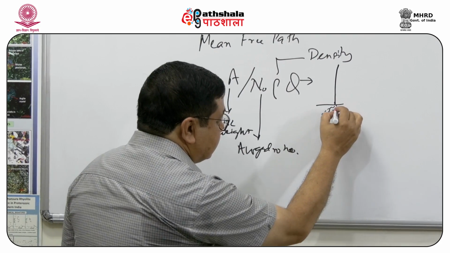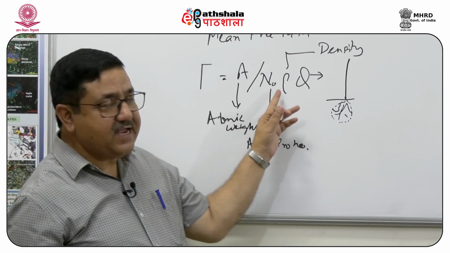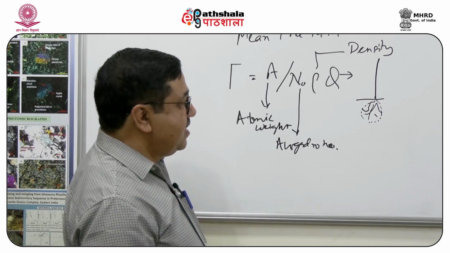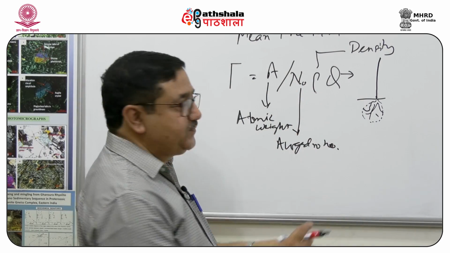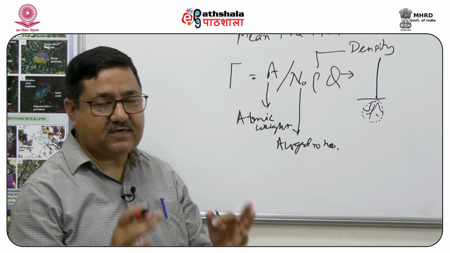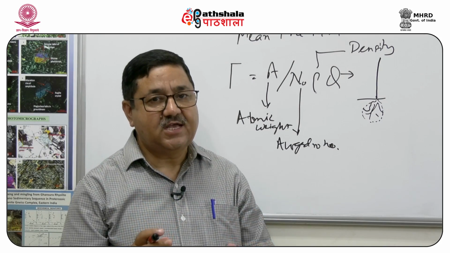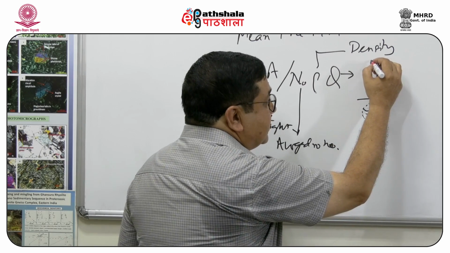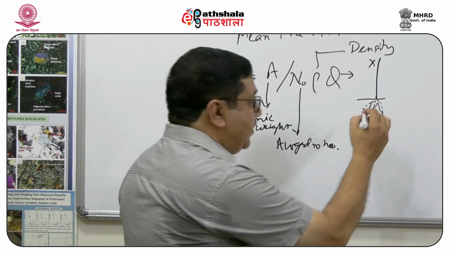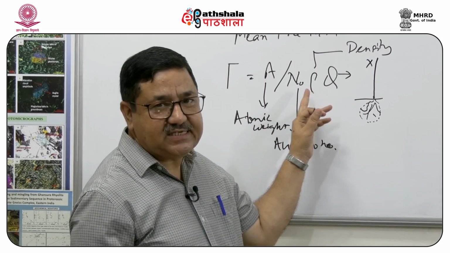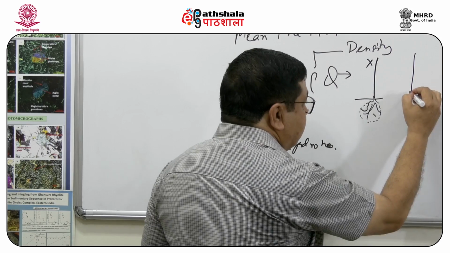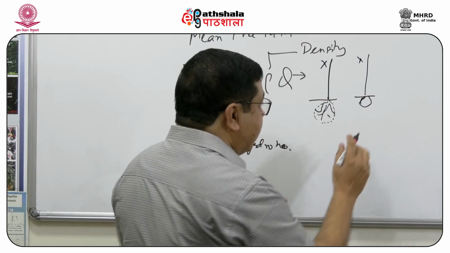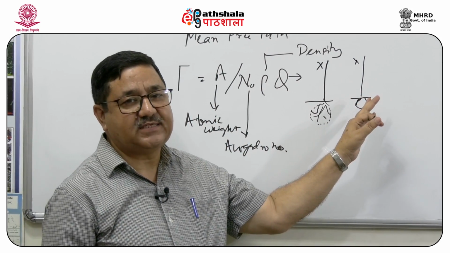Like this, and depending upon the density, which is a function of the atomic number, for lower density the interaction volume will be larger, which means that an electron beam of x energy will penetrate more in a less dense material, and the same energy will penetrate less if the rho or the atomic number is higher.